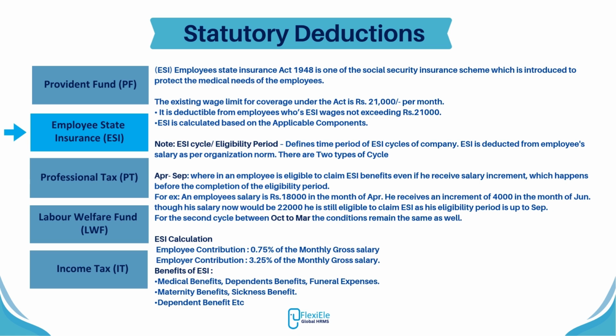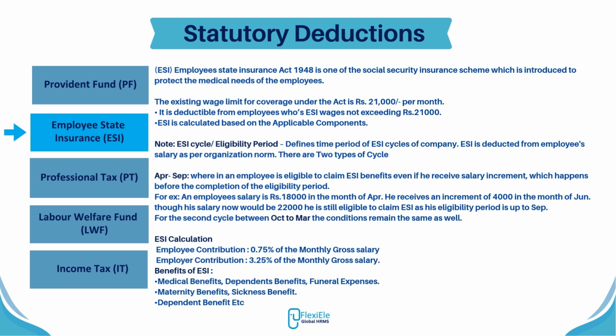If your wages are 21,000 or less per month, you are eligible. The deduction works like this: you contribute 0.7% of your gross salary, and your employer adds 3.25%. It's a small slice that goes a long way in securing healthcare, maternity benefits, and even dependent support.